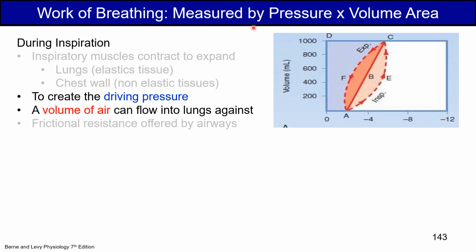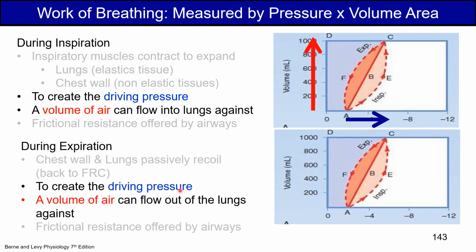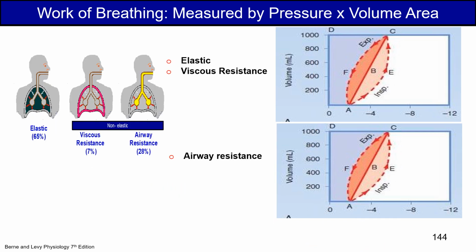The work of breathing is measured by the pressure volume area. During inspiration, a driving pressure, as shown in this illustration, is generated from -2 to -6, so that a volume of air, as shown in this diagram, around 1 liter will go in. Now, during expiration, a driving pressure is again generated, from -6 to -2, so that a volume of air will move out of the lungs.